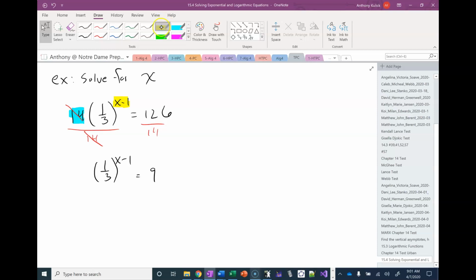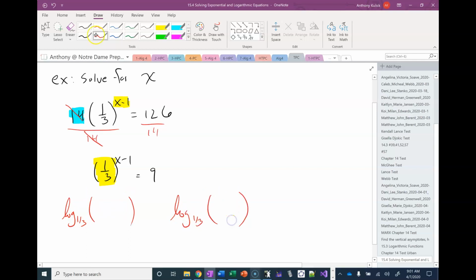So what I need to do is cancel out the base of this exponential of 1/3. The tool to cancel the base of an exponential is a logarithm with the same base. So I'm going to take the log base 1/3 to both sides of this equation.